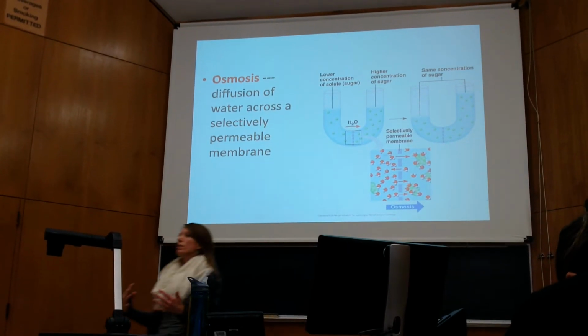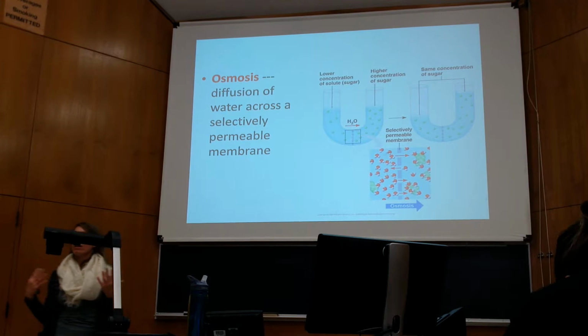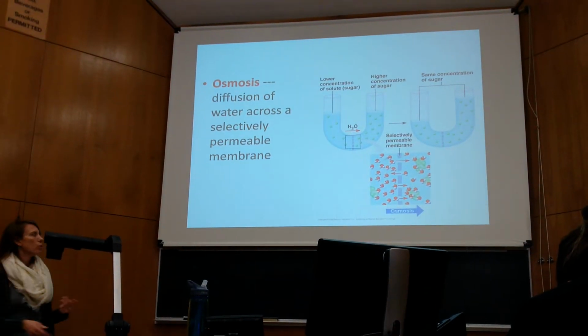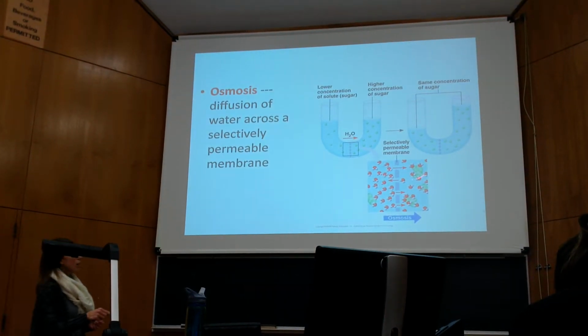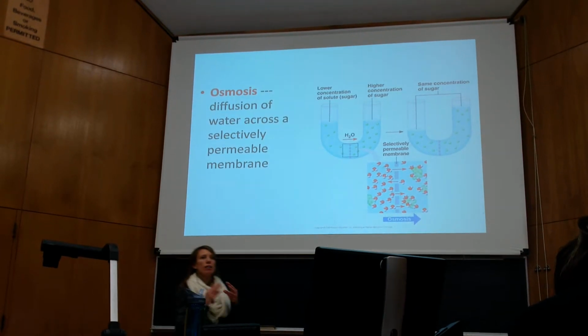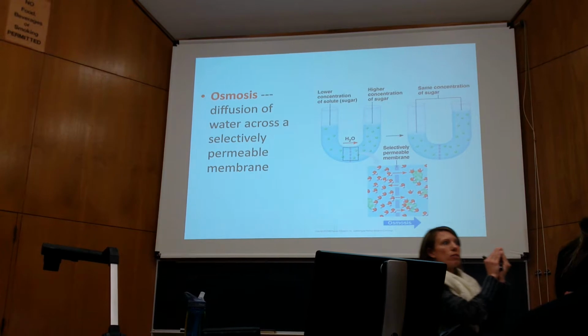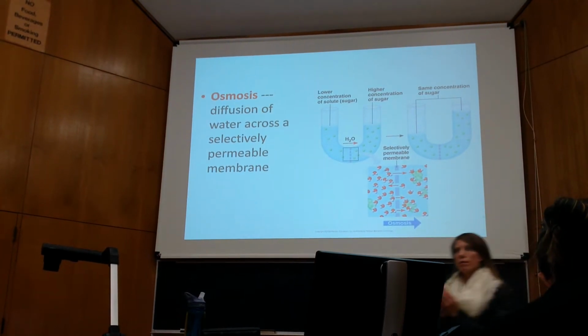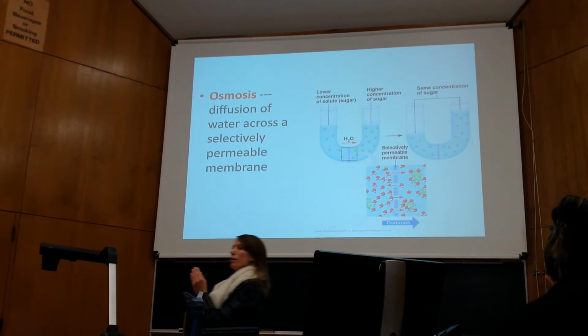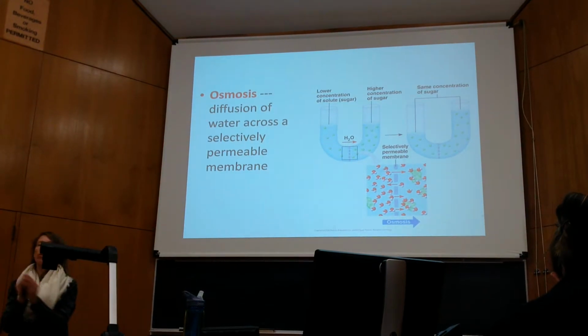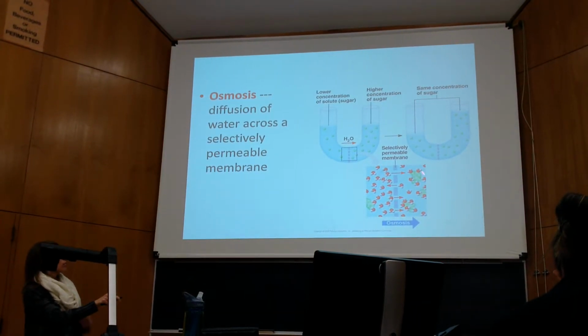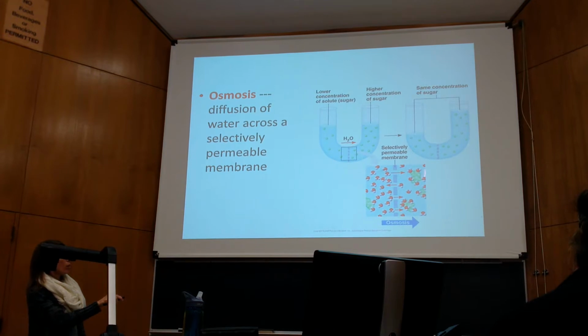And the reason this happens, remember sugar is a polar molecule. So when water is around these sugar molecules, it's going to form that hydration shell. It's going to hydrogen bond to it. So you can think about this: once those water molecules are bound to those sugar molecules, they're not free to move through this membrane anymore because they're part of that sugar molecule.